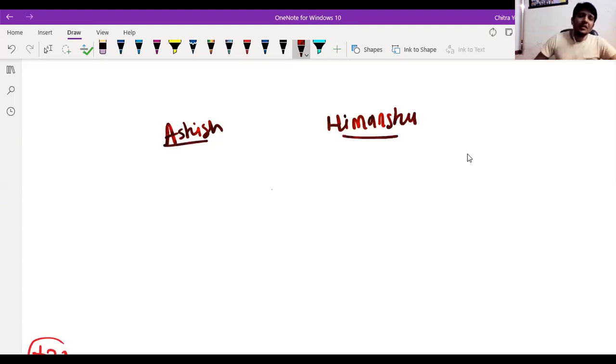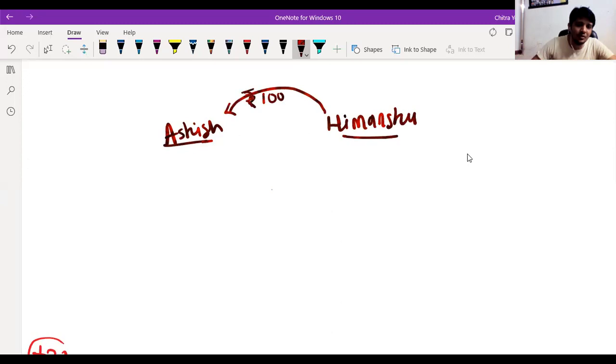Someday Ashish required some amount of money in order to buy some books for his study. So he was lacking some amount of money, so he borrowed 100 rupees from Himanshu. Okay, understood that much part?